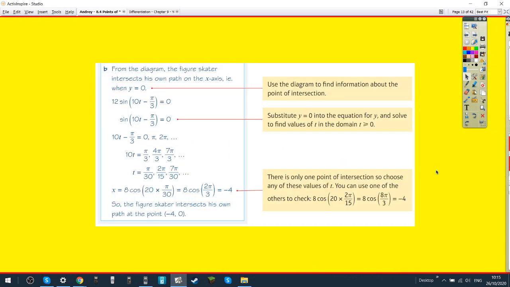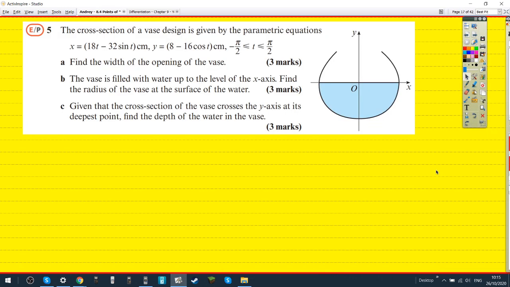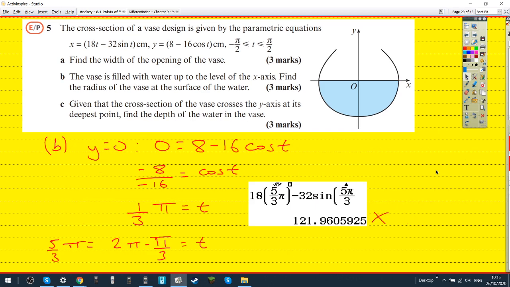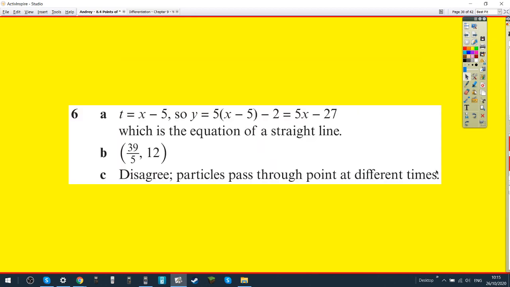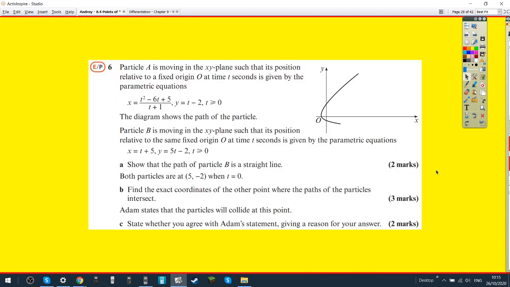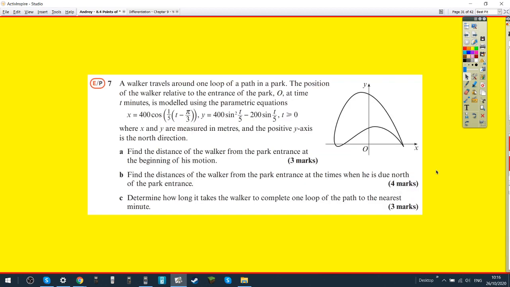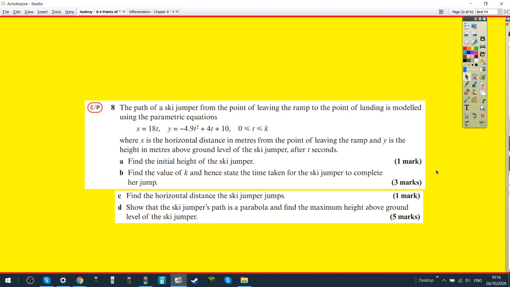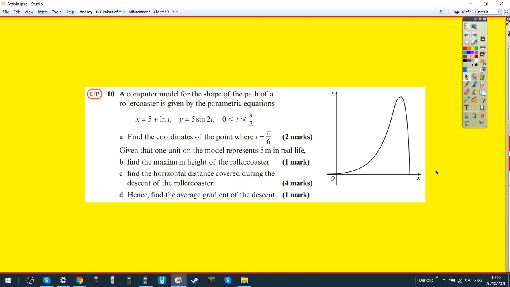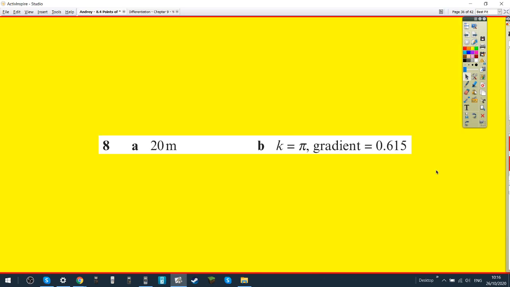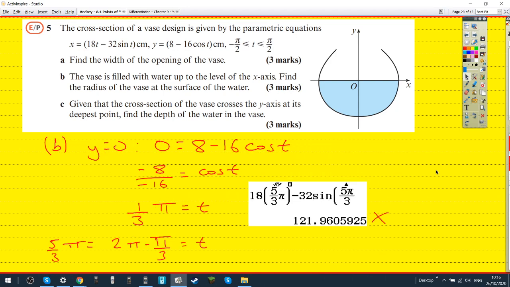It seems okay. It's not too important. I think it's the one marker as well, that last one.